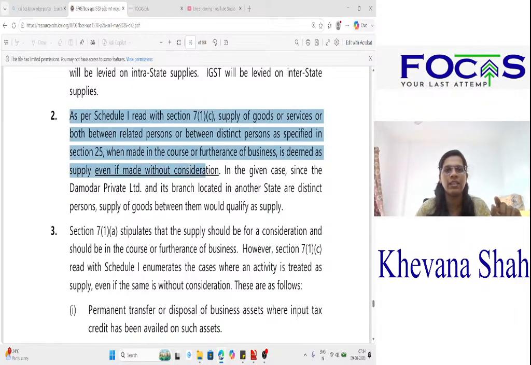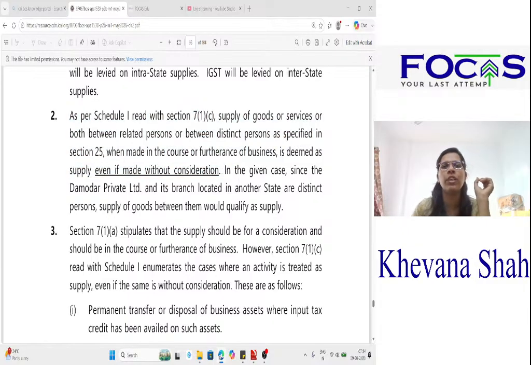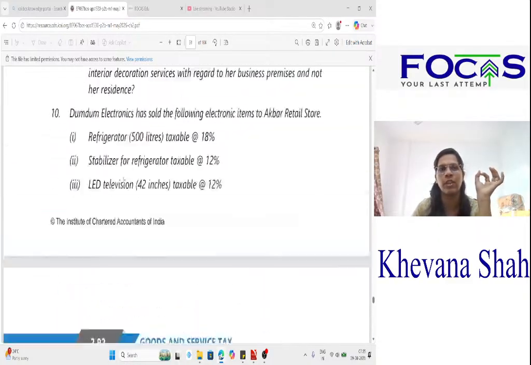Kindly highlight this part. Okay, this is very important for these questions. Now, in the given case, since Damodar Private Limited and its branch located in another state are distinct persons, supply of goods between them would qualify as supply. Okay.